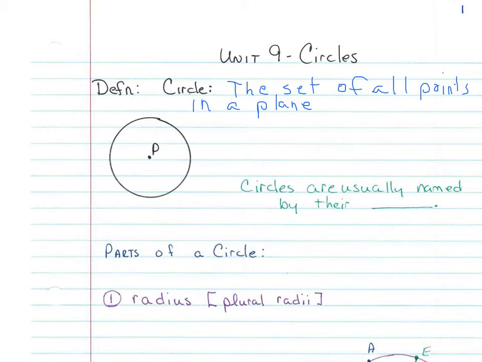A circle is the set of all points in a plane that are a given distance from a fixed point called a center.